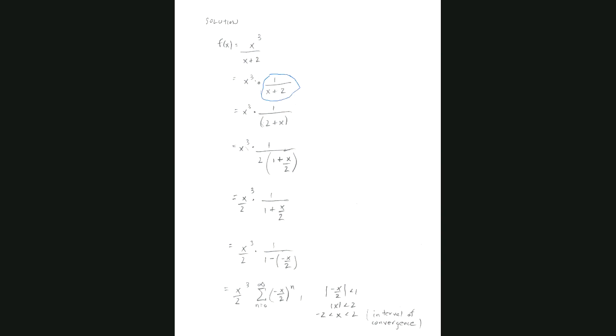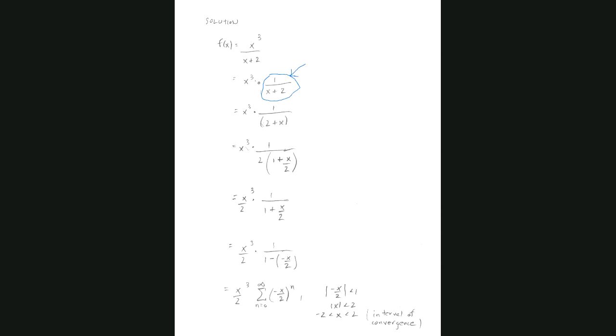So ideally, of course, you can imagine what we're going to do. We're going to replace the 1 over x plus 2. We're going to try to find a power series representation for that rational function. And then we'll have x cubed times that power series, and then we can bring x cubed inside the power series later.